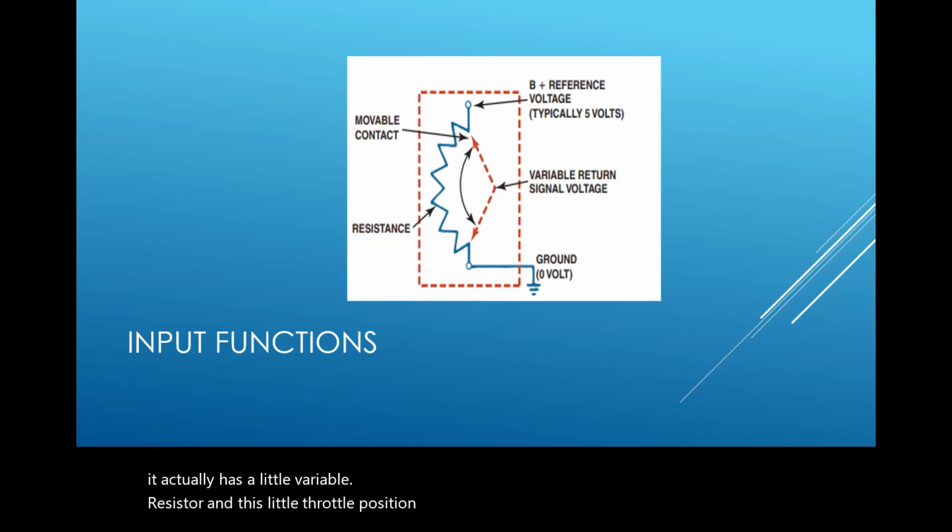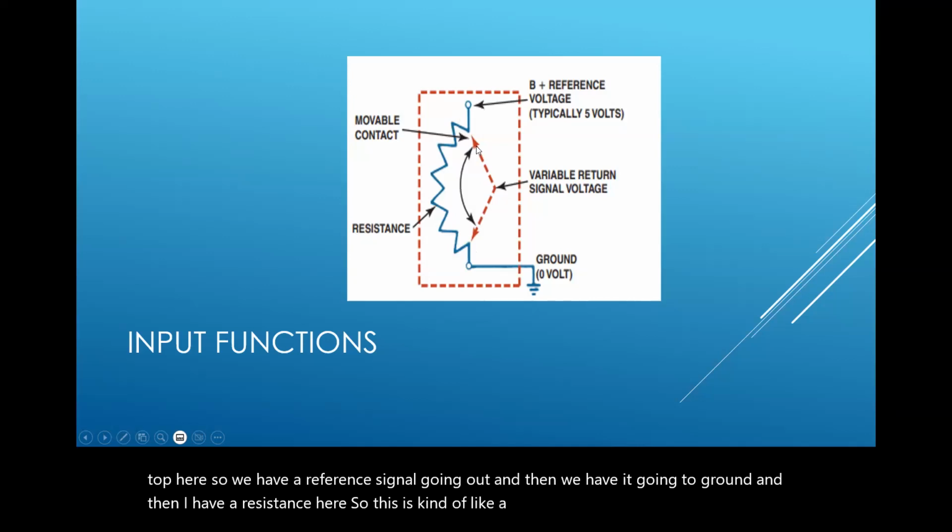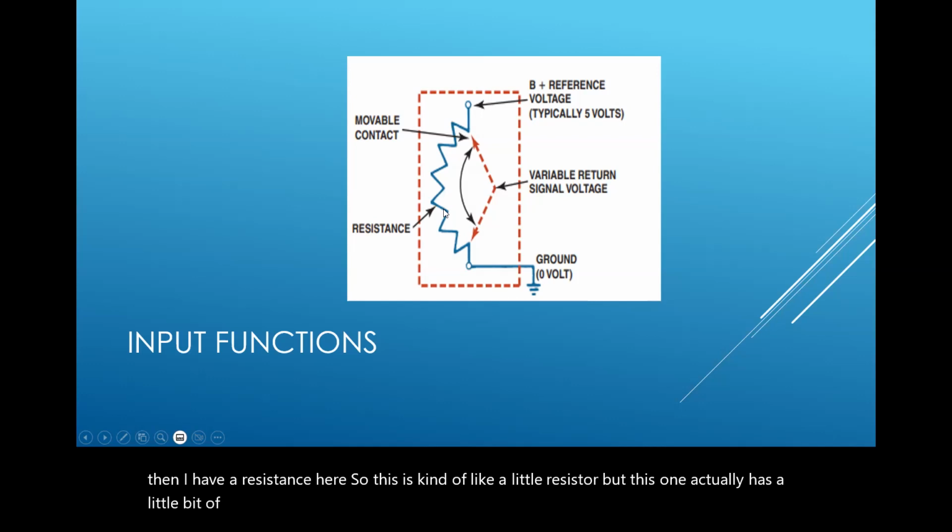And as it goes around, if you look at the very top here, we have a reference signal going out, and then we have it going to ground, and then I have a resistance here. So this is kind of like a little resistor, but this one has a special part to it.